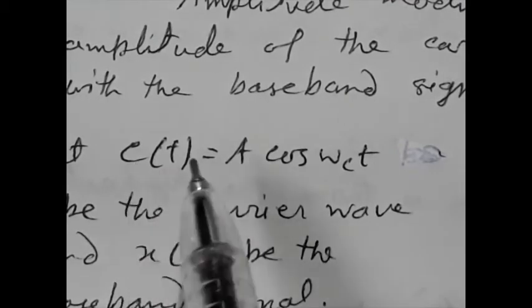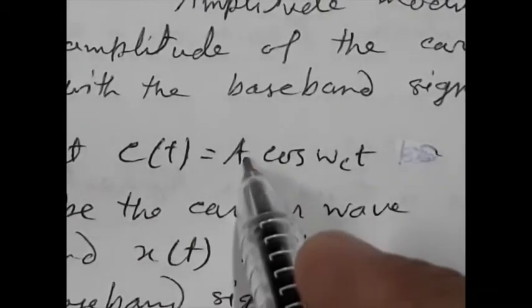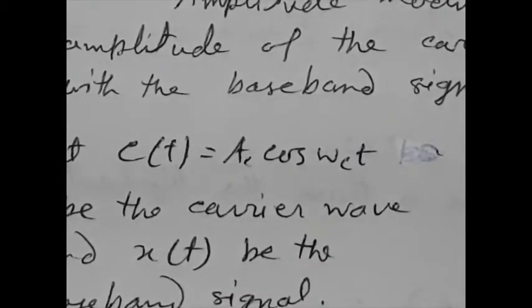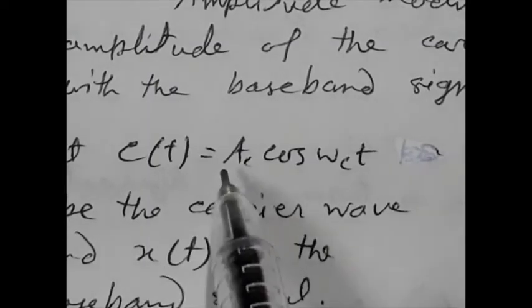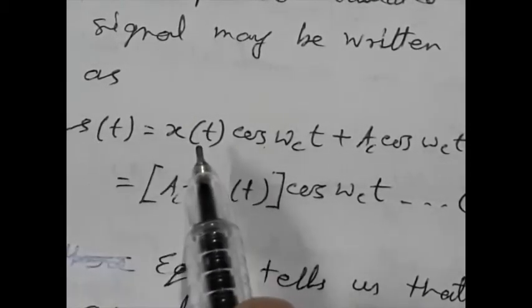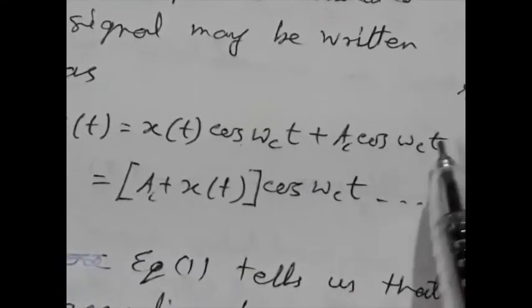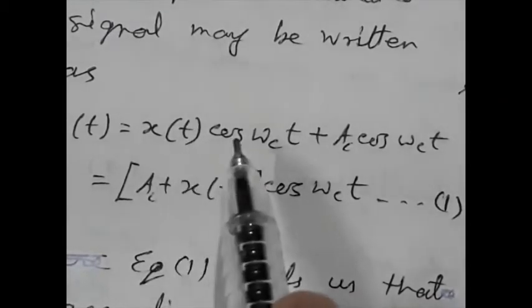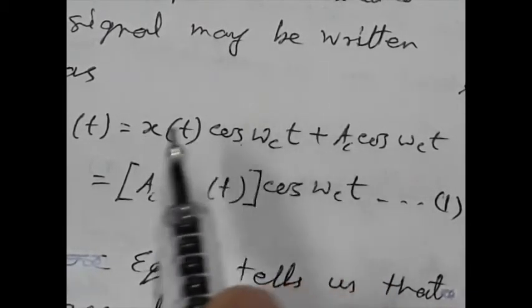Assume that c(t) is A_c cos ω_c t and x(t) is the baseband signal, c(t) is the carrier. Then the amplitude modulated signal can be written as s(t) equals A_c cos ω_c t, the original carrier, plus x(t) cos ω_c t, this is the variable part.